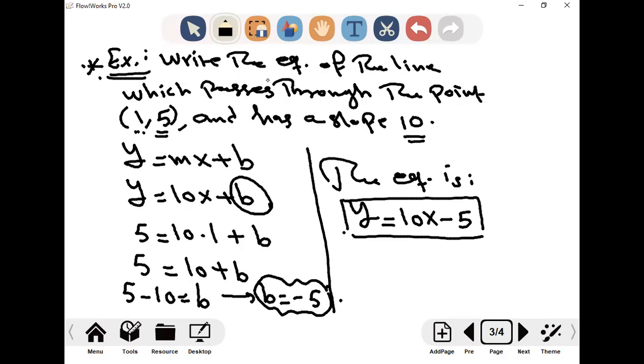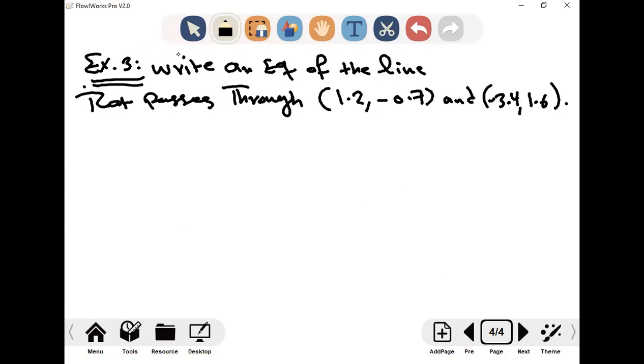Now here in the first idea, the question gives you 1 point and the slope. Here the question gives you only 2 points. The equation of the line that passes through these 2 points, right? Fine. Now y equals mx plus b.